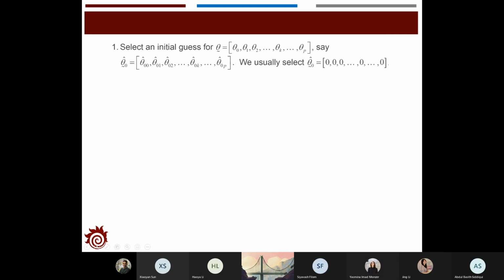Here, let me give you a summary of the steps to do the calibration. First of all, we need an initial guess for all the values of theta. The most common initial guess is to set all the values to 0.